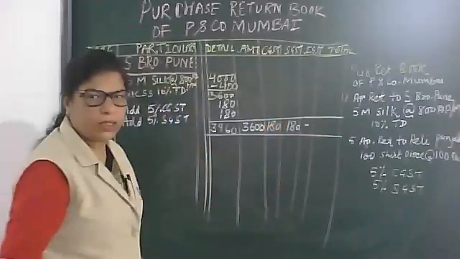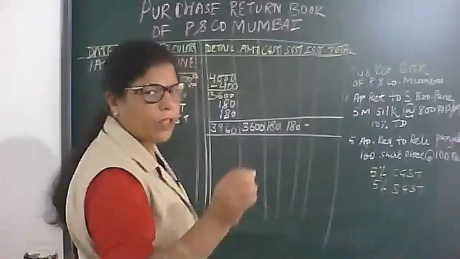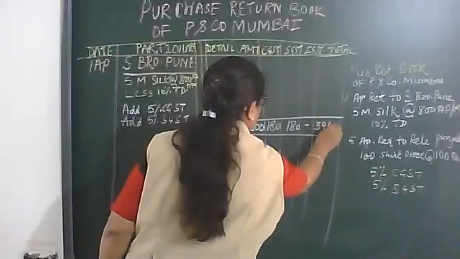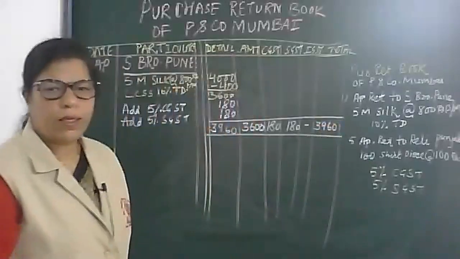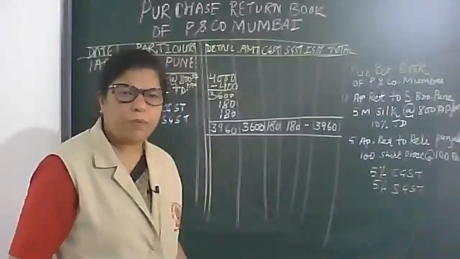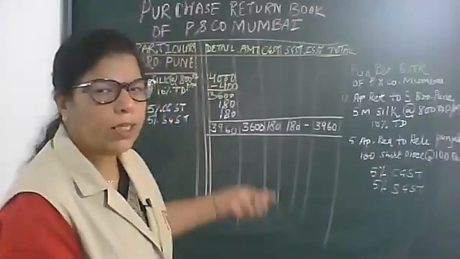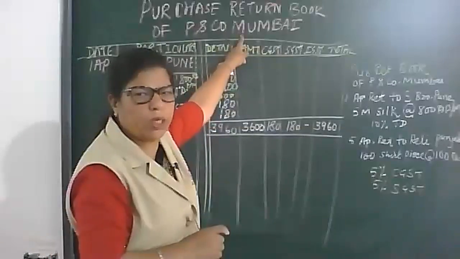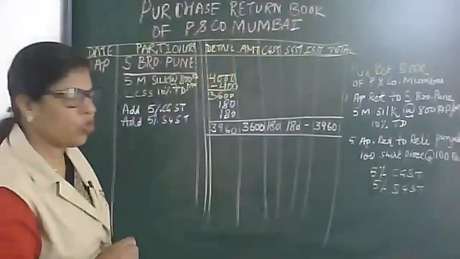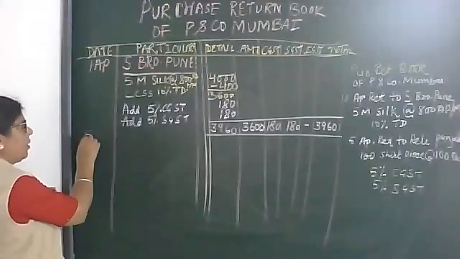No IGST. IGST will not be applicable. So the total is 3,960. In this transaction, we imposed CGST and SGST because the businessman is of Mumbai and the dealing is with Pune, same state.